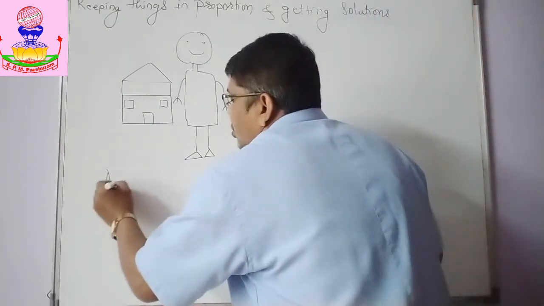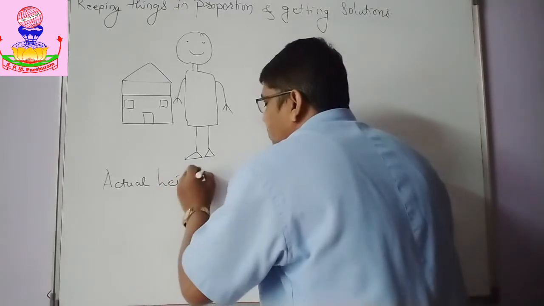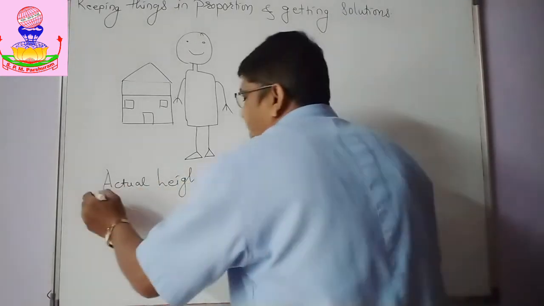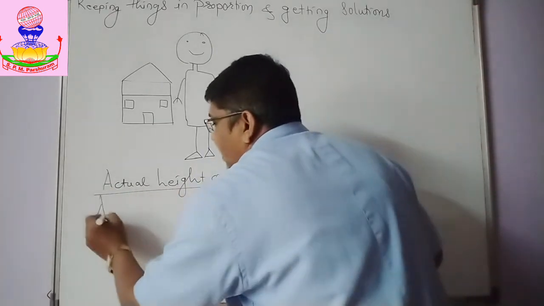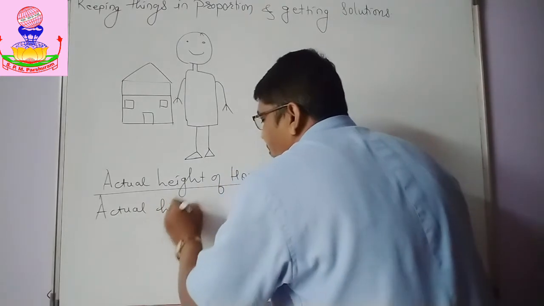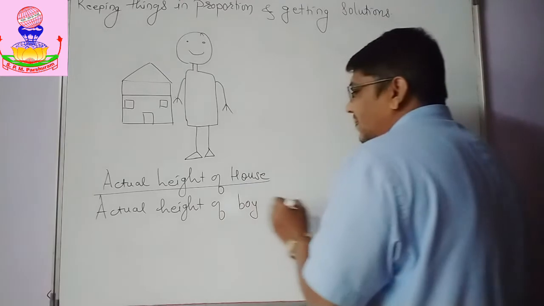He should have taken actual height of house divided by actual height of boy or his friend.